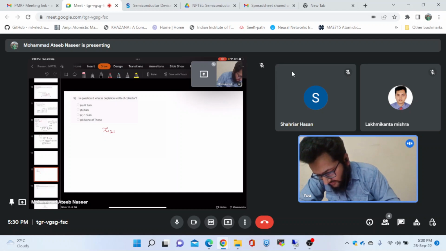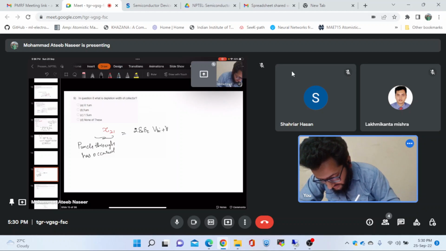Then let me denote this at the breakthrough. When punch through has occurred, this will be equal to the same formula that we will be using, epsilon naught epsilon r VBI plus VR.